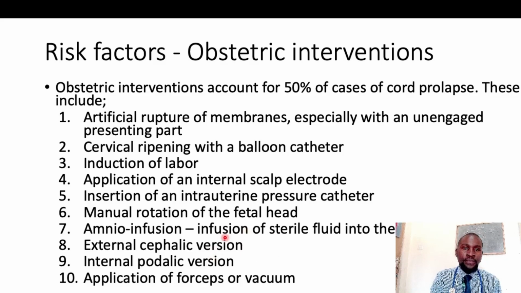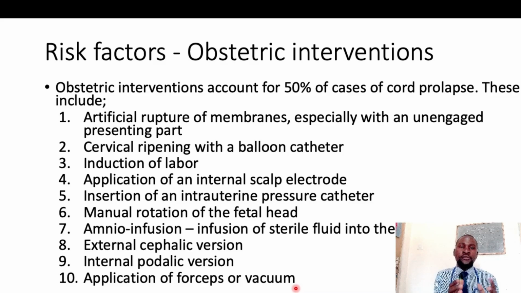This is one of the complications of external cephalic version. Application of forceps or vacuum: as you apply your forceps or vacuum, you can easily dislodge the presenting part and the cord can prolapse. So all these are risk factors. Remember, we said risk factors of cord prolapse can be divided into two.